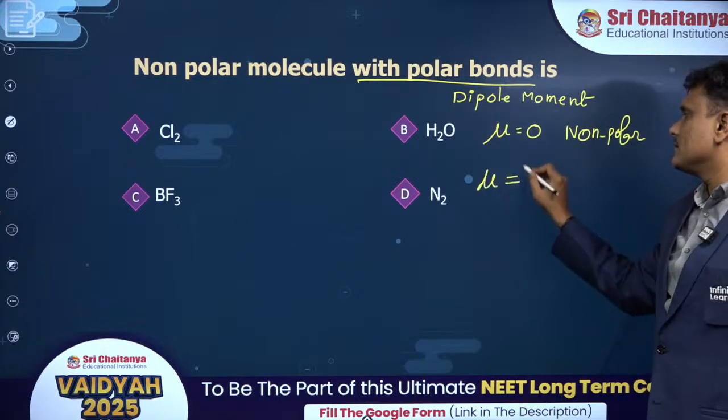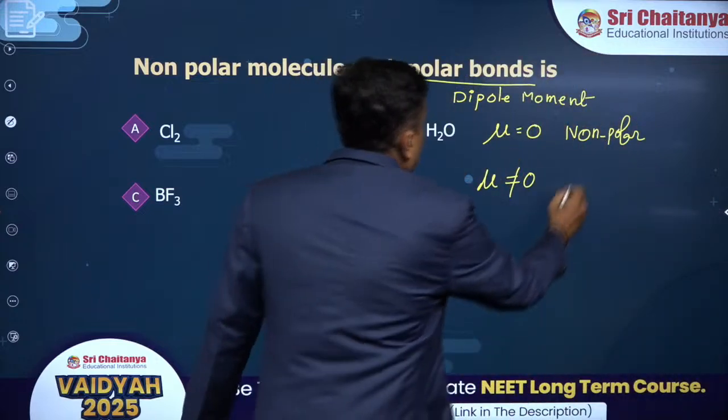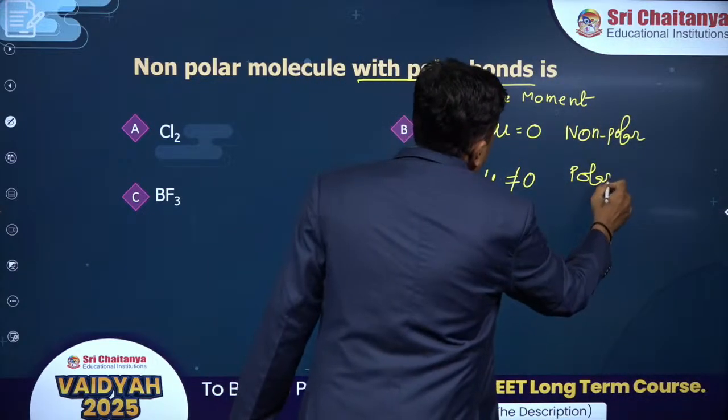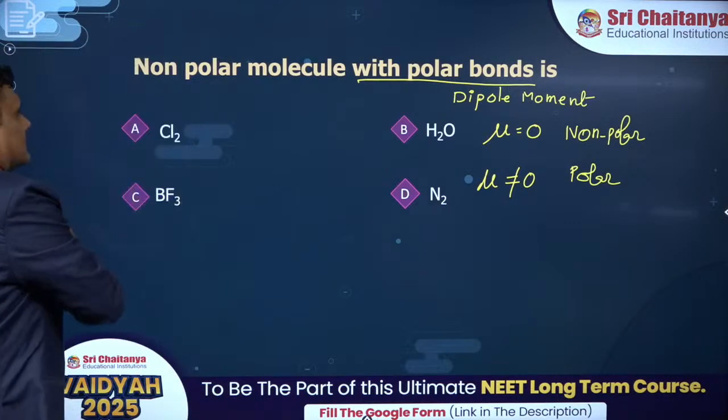However, a non-zero dipole, you define as a polar molecule. So this is the general trend in determining the polarity of a given molecule, right?